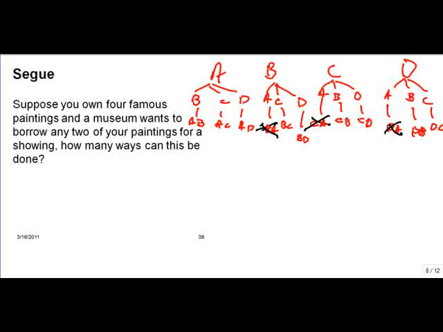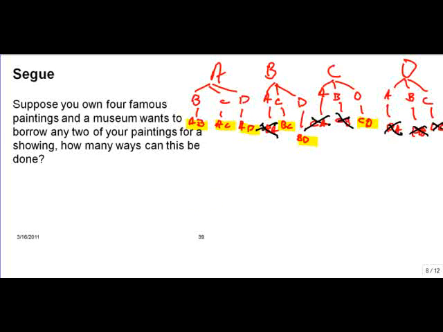Arrangement BC is the same as CB, so I can get rid of that. And arrangement BD is the same as DB, so I can get rid of that arrangement. And CD is the same as DC, so I can get rid of that arrangement. So that leaves me finally with 1, 2, 3, 4, 5, 6 distinct arrangements here.